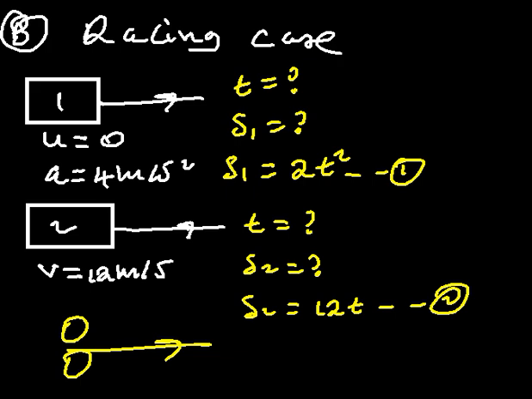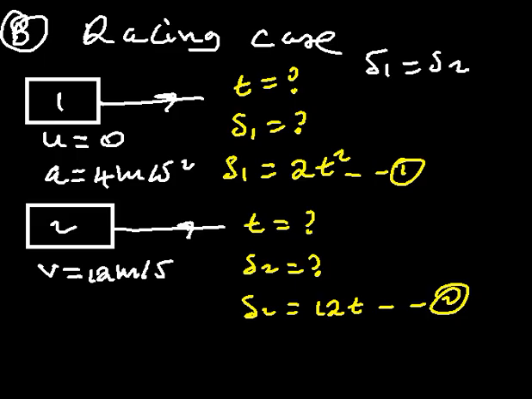At the point in which one will overtake you, both of you have to move the same distance. That's the point of interest. So if that is the case, then you start to understand that S1 is the same as S2, because both objects have to travel the same distance.